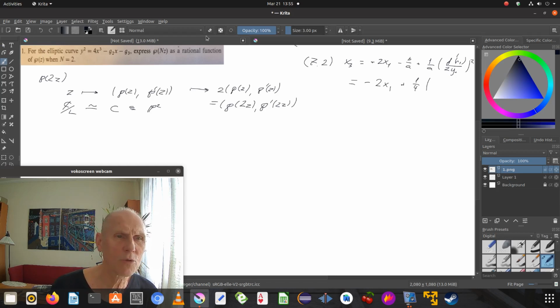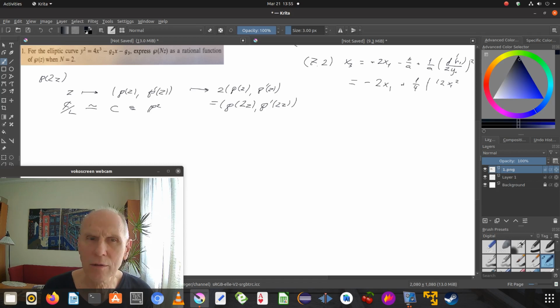So that gives 12 x squared minus g2, divided by 2.